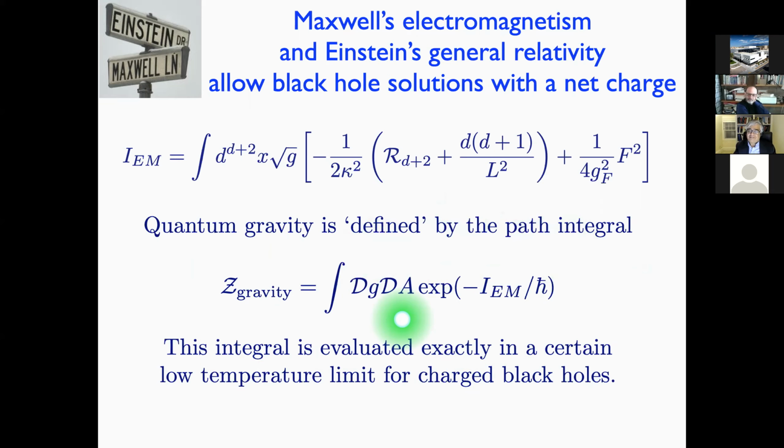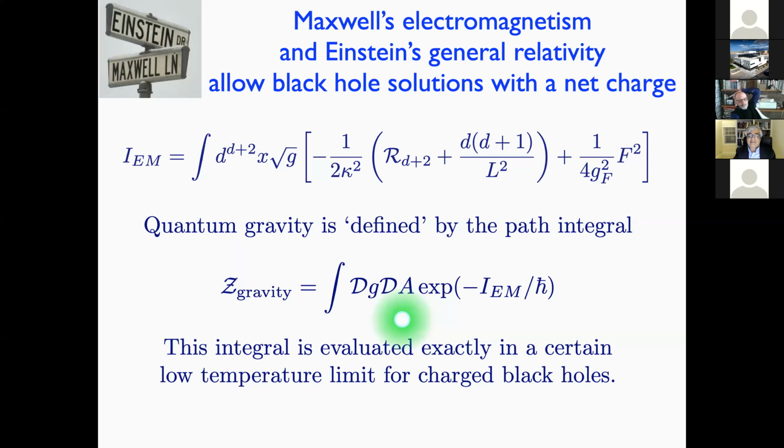However, if you're satisfied by just focusing on the very low temperature properties of a charged black hole, which I will be for this discussion, then actually you can evaluate this integral and work out the full gravity theory.